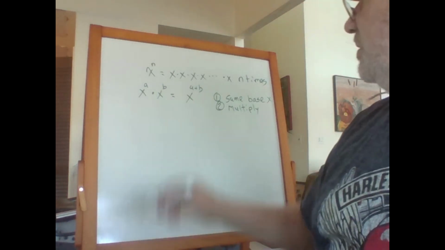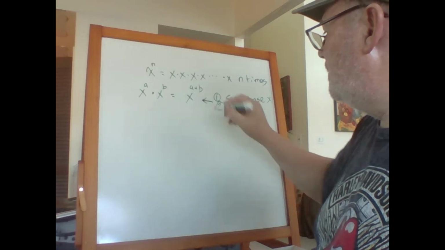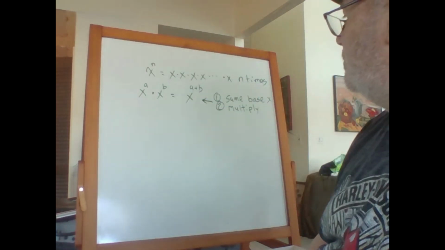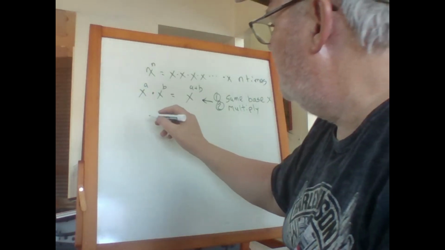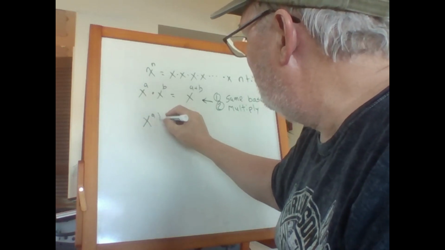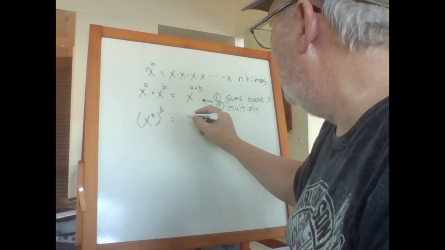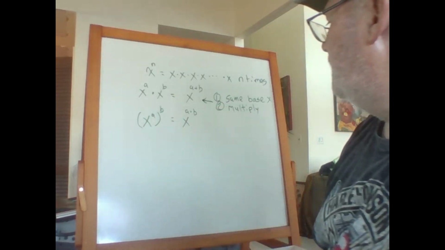So that rule has these two contingencies. And notice everything is really dealing with multiplication. Then we had that x to the a, raised to the b, is equal to x to the a times b.